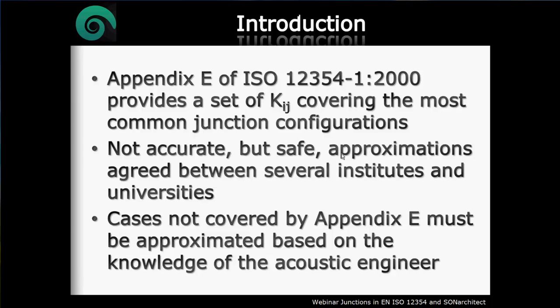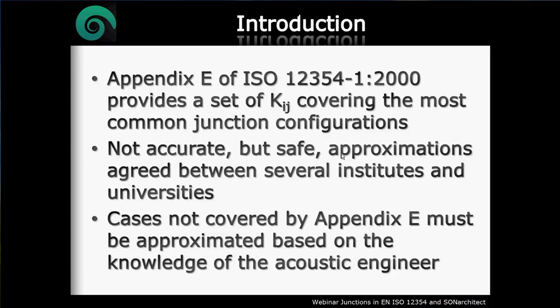So they measured the same vibration reduction index for the very same junction, and they found that there was quite a lot of variability. So yeah, they had to take the values that were safe for the calculation. So most of the KJ indexes that you will see in the Appendix E are lower than real values, and they were somewhat simplified just to make the calculation easier.